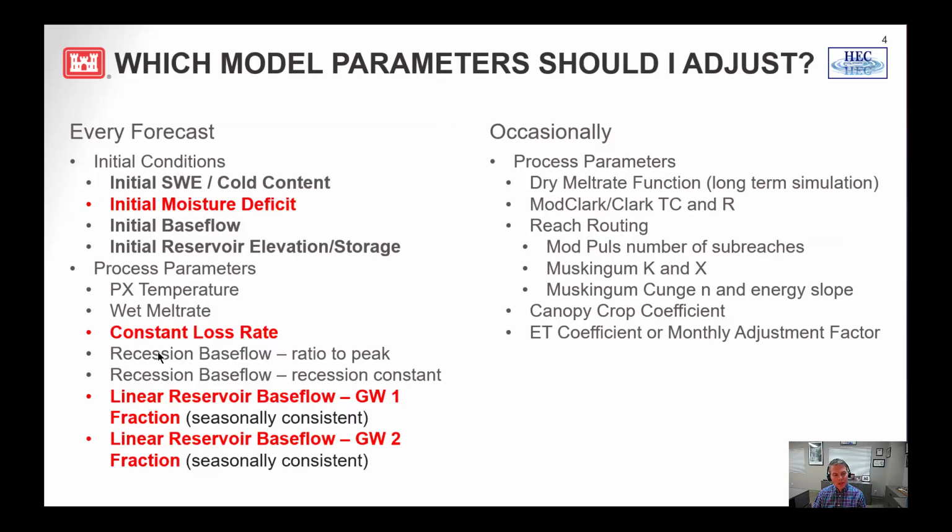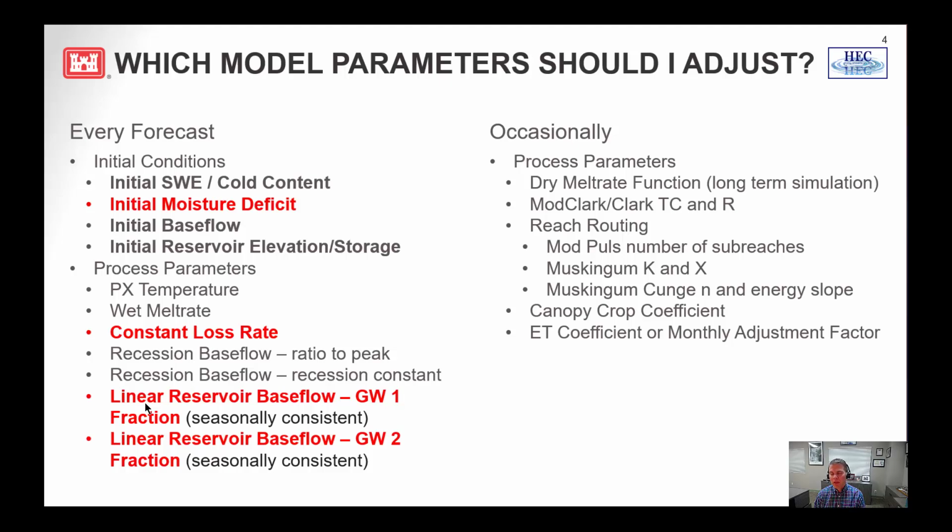If you're using the recession base flow method, then you're going to adjust the ratio to peak or the recession constant parameter. If you're using the linear reservoir base flow method, then really the parameters that you would adjust are those fraction parameters, groundwater 1 fraction and groundwater 2 fraction. But again, what I found is for these parameters, they're seasonally consistent.